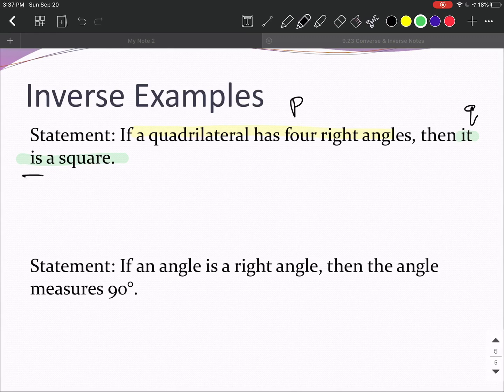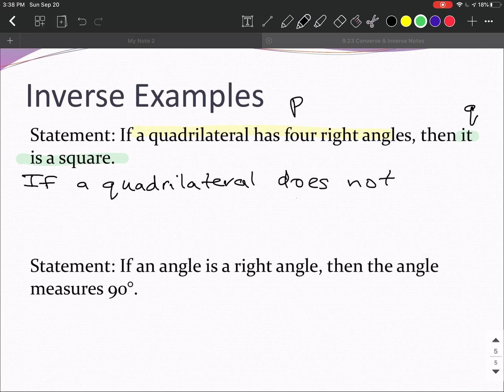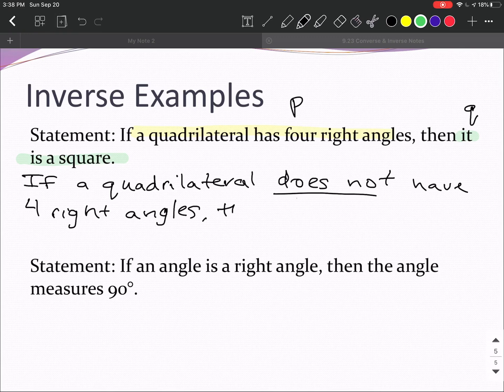So if a quadrilateral does not have 4 right angles, then it is not a square. So again, just adding not.